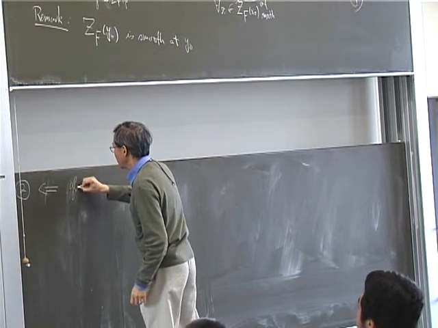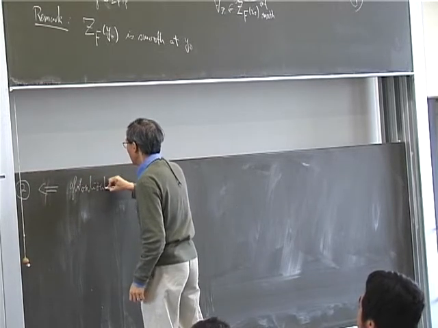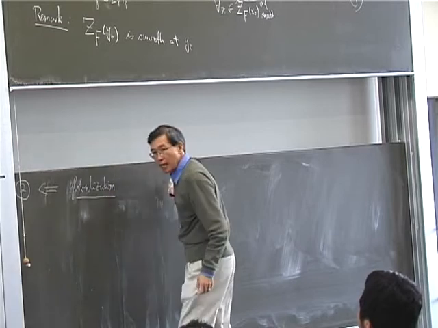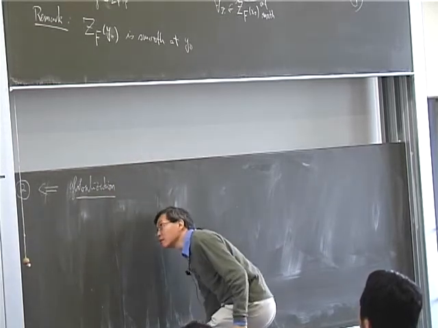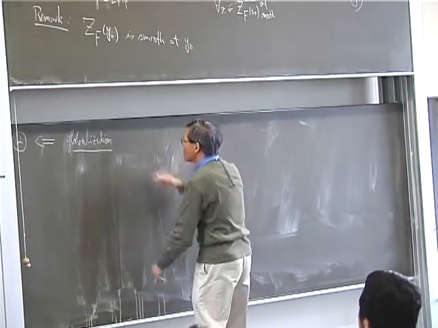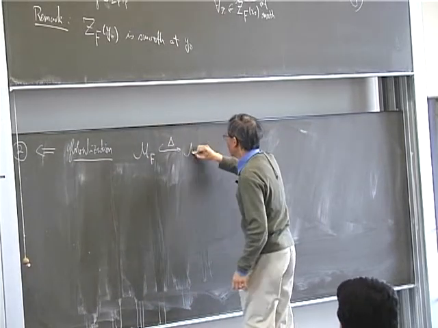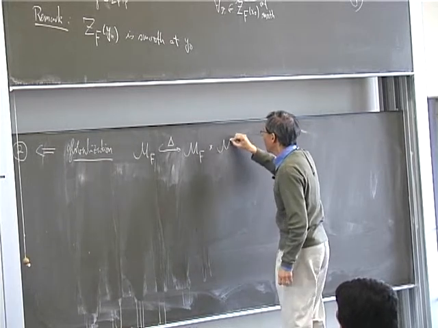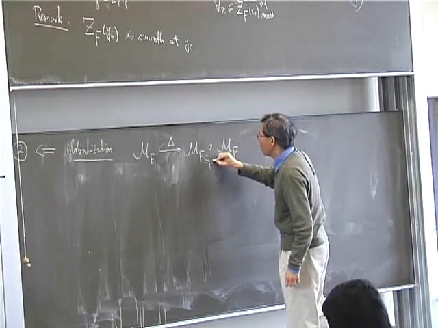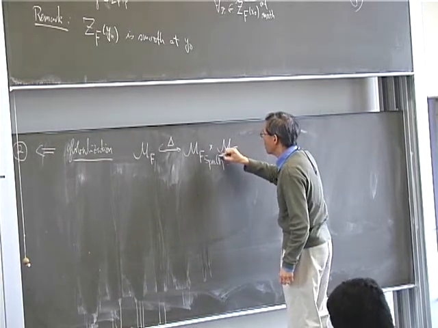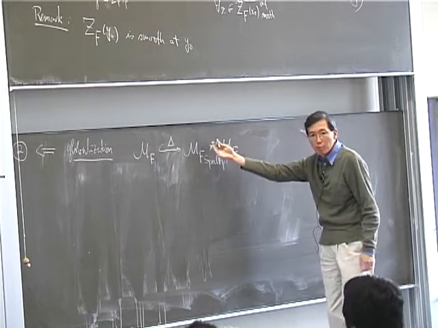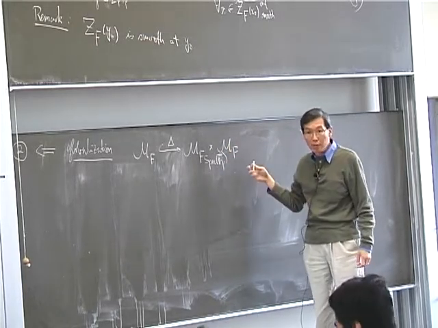I'll remind you what that globalization was. Last time we had this MF. We always know that MF is diagonally embedded into the product of 2 copies of this thing.